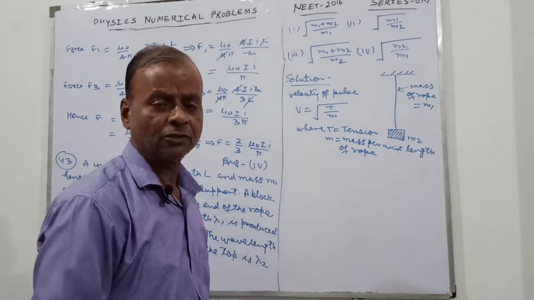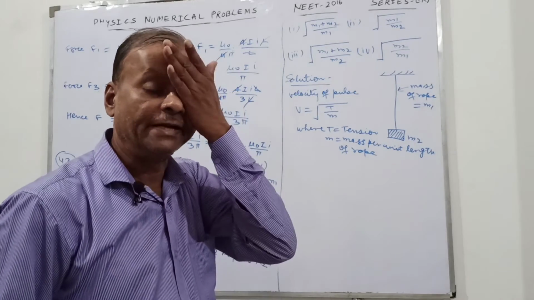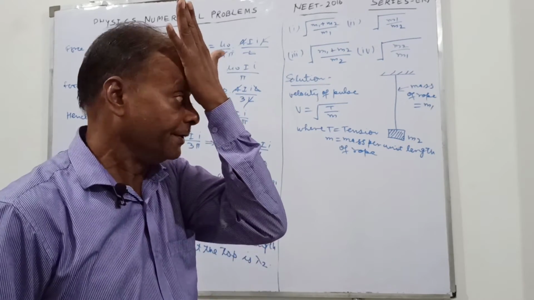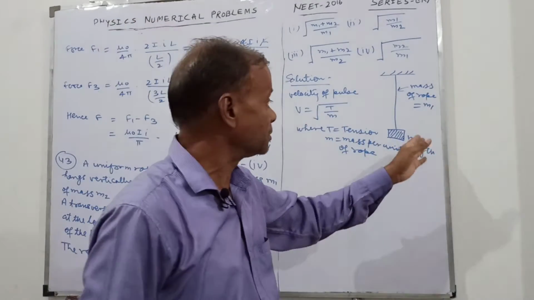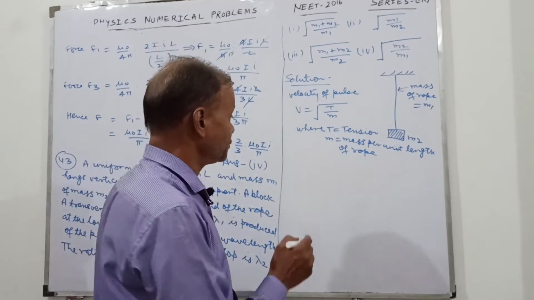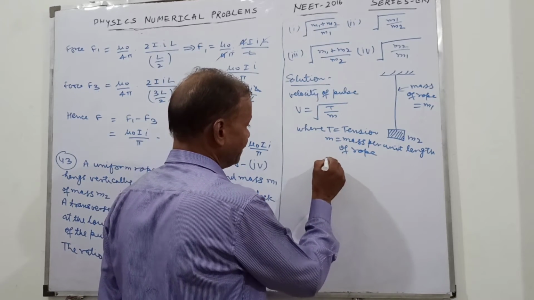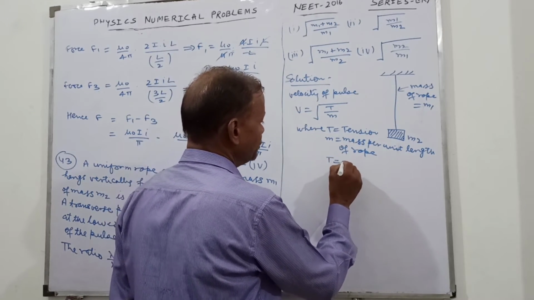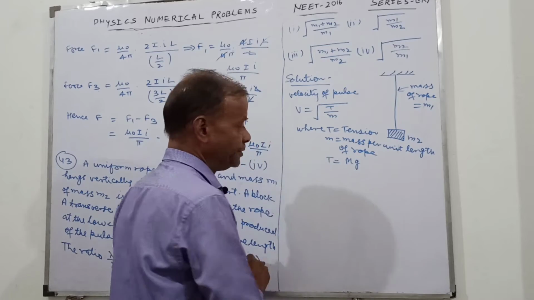This mass per unit length of the rope will remain constant, and here the tension will vary because the rope is not ideal, but it has the given mass m1. So this tension T is equal to mg.